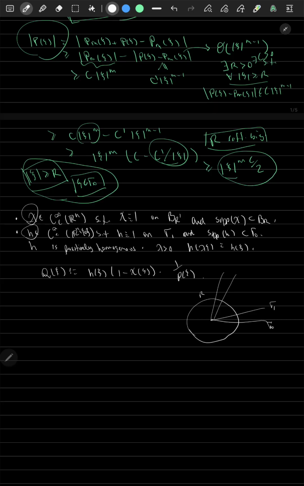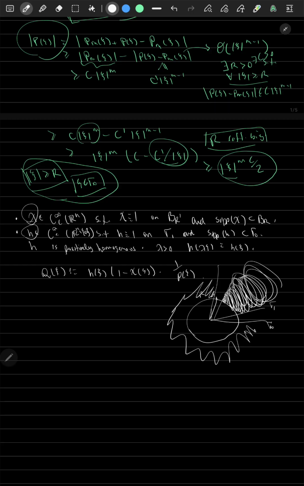We know that outside of the radius r, chi is equal to 0, so 1 minus chi must be equal to 1. So here chi is equal to 1, and we know that inside gamma 1, h is equal to 1. So in this cone here, both of them are equal to 1, and this is where we care about them. Outside here, everything is 0.